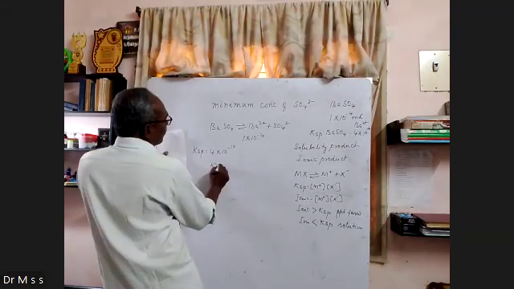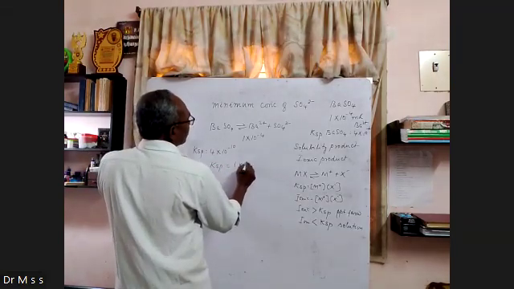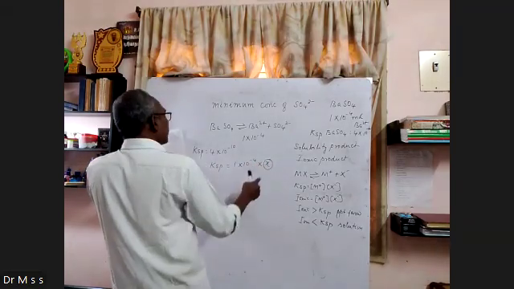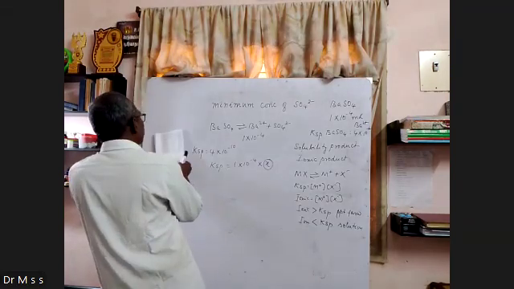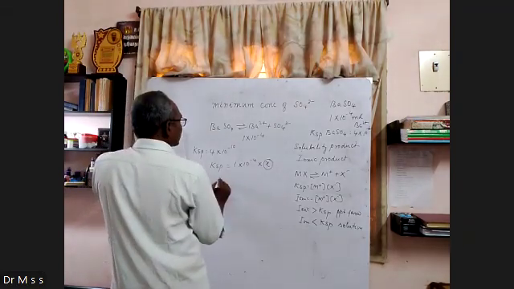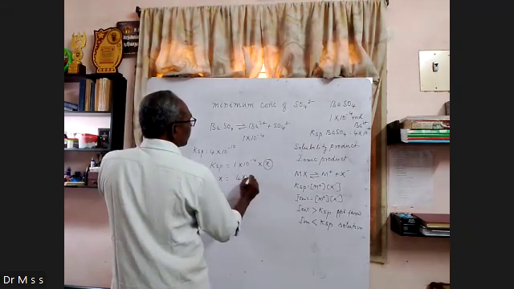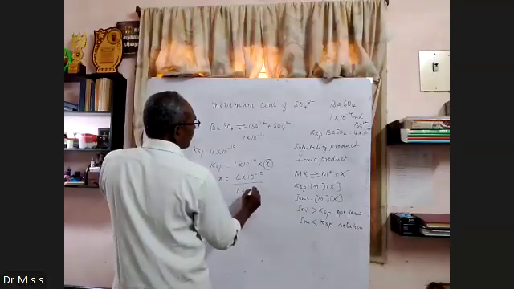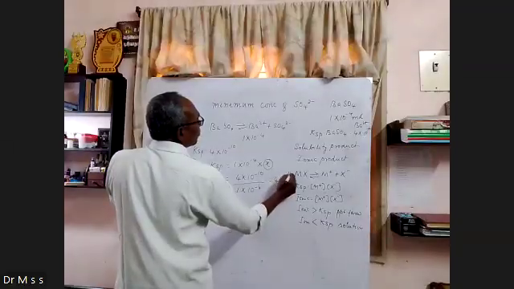So KSP value is equal to 1 × 10⁻⁴ into X. What is this X, so that the ionic product will be greater than KSP? So this X is equal to KSP 4 × 10⁻¹⁰ divided by 1 × 10⁻⁴. So it is 4 × 10⁻⁶ mole.